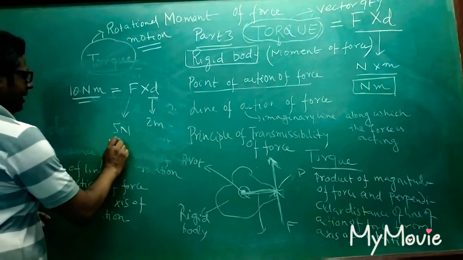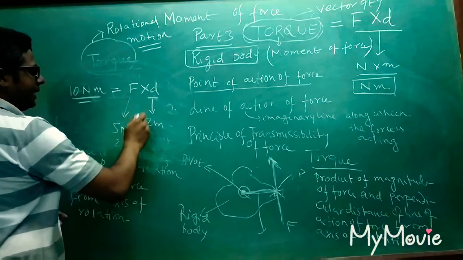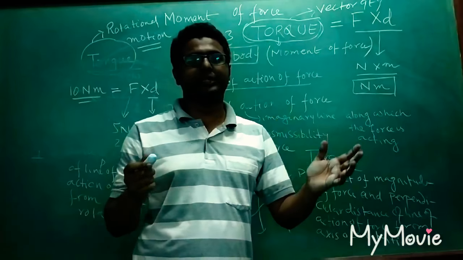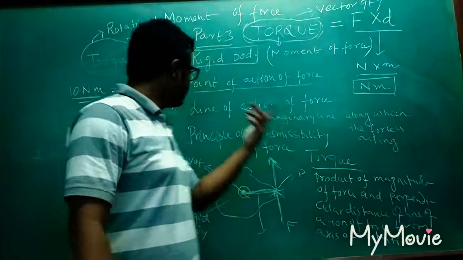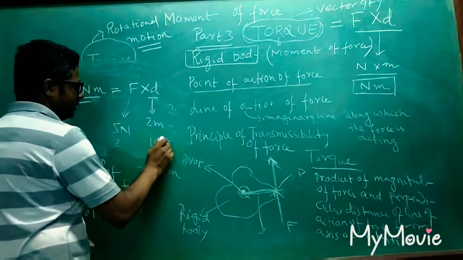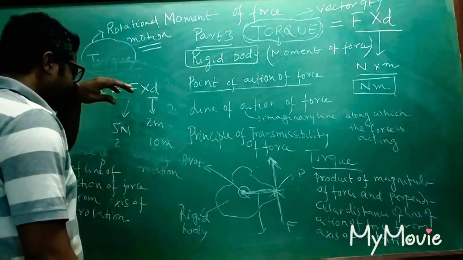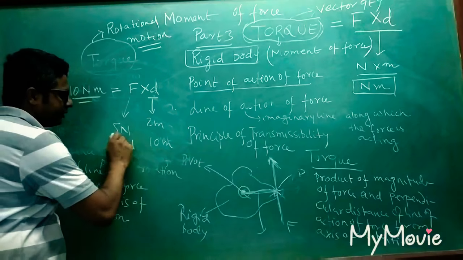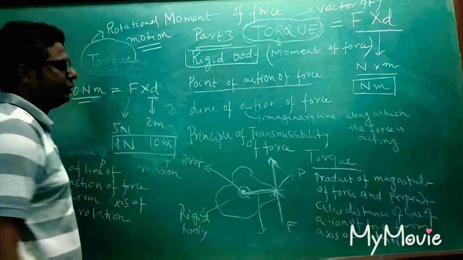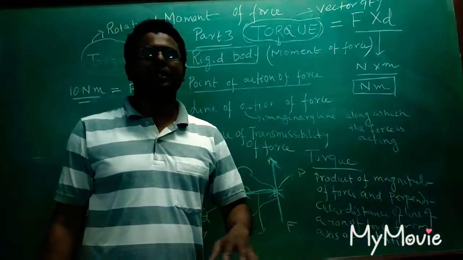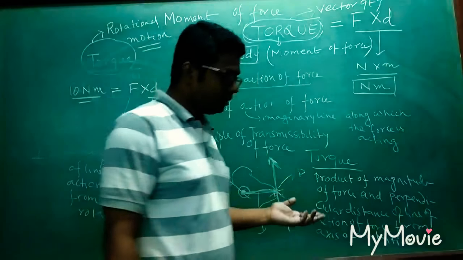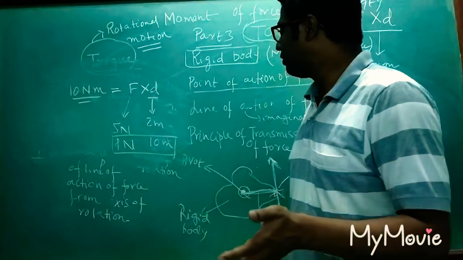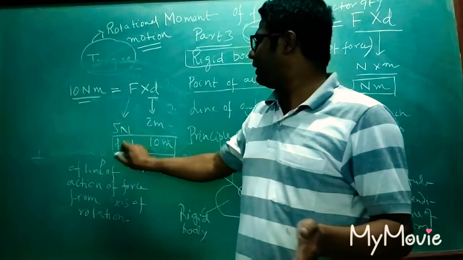Next is, if I keep the D, that is the distance from the hinge or the pivoted point or the axis of rotation, large, say 10 meters, then how much force do I have to generate? Only 1 Newton. So my dear friend, which is easier for you, to generate 1 Newton or 5 Newton? Obviously it is easier for us to generate 5 Newton. So sorry, 1 Newton.